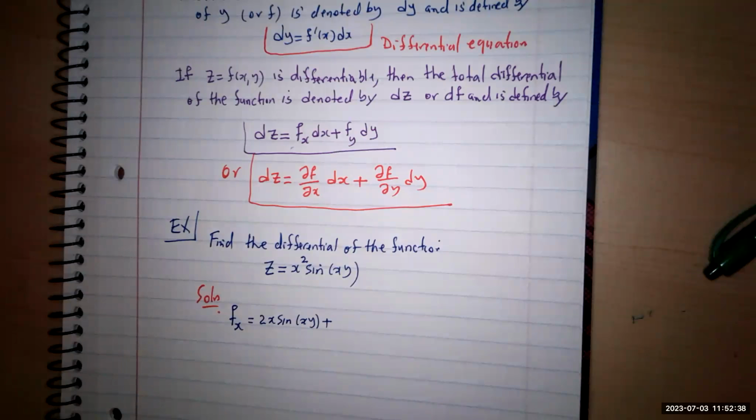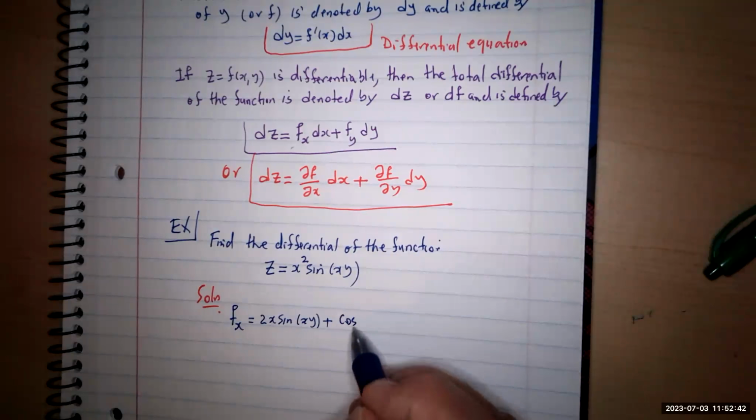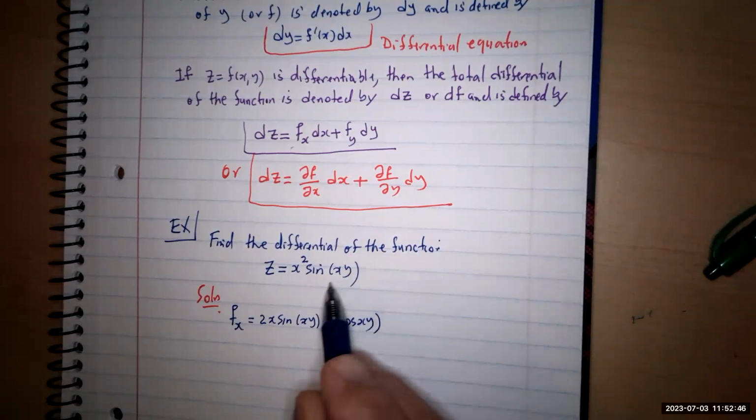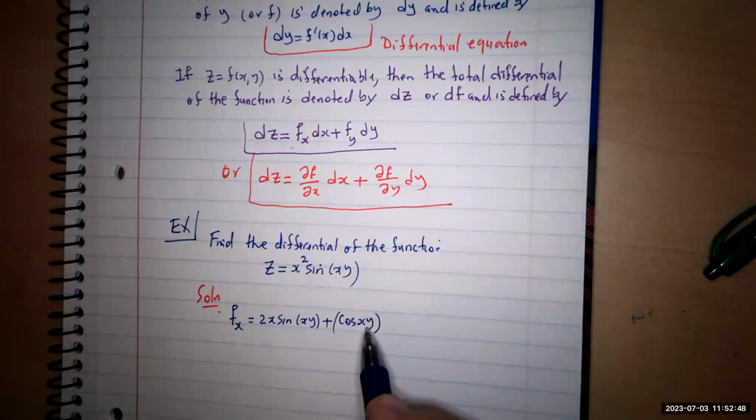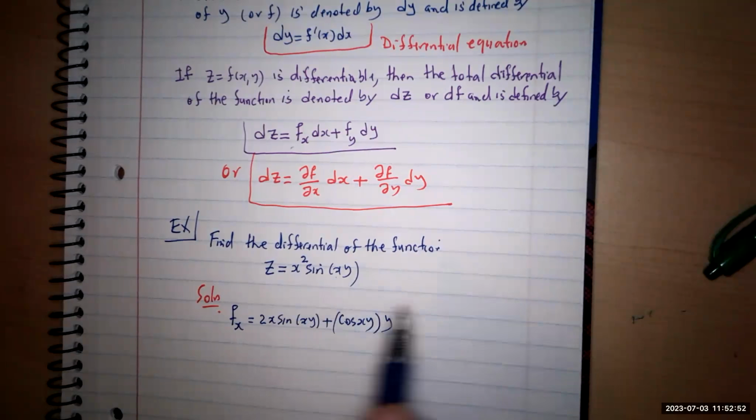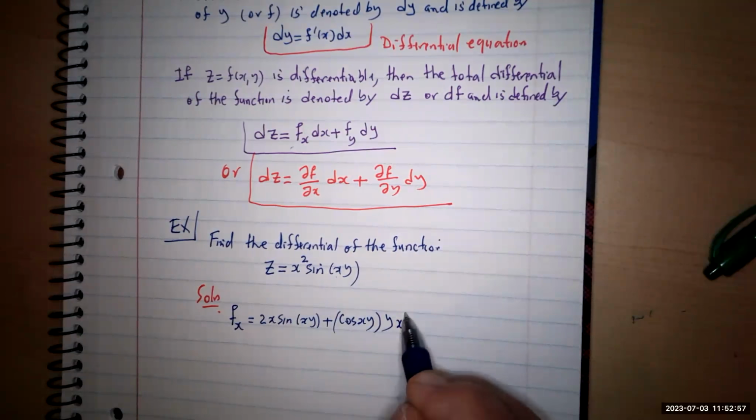The derivative of the inside with respect to x is y, so I get cosine of xy, but I have to multiply by the derivative of the inside with respect to x, which is y. Then, instead of the second, I have to multiply by the first one, which is x squared.